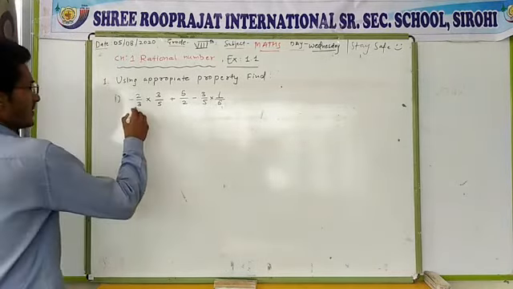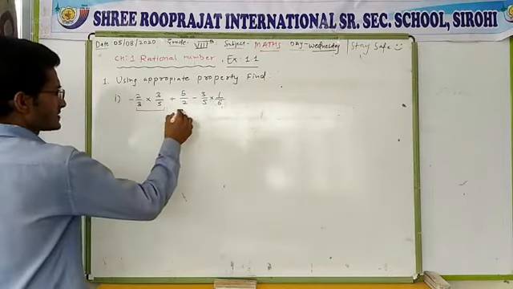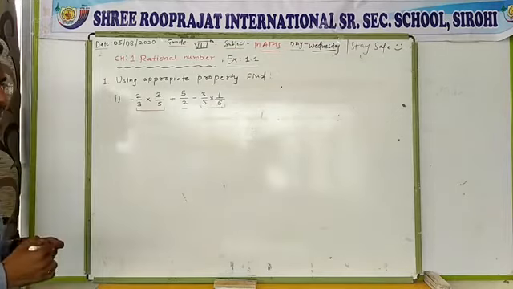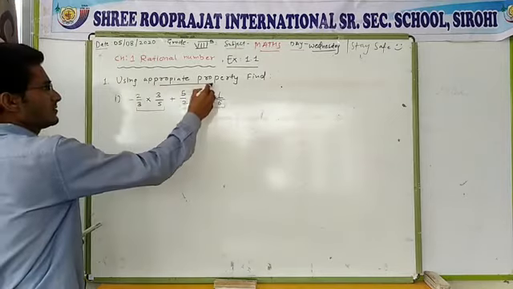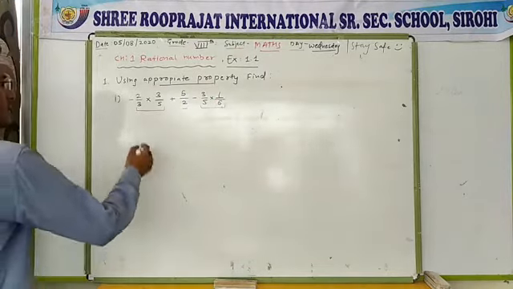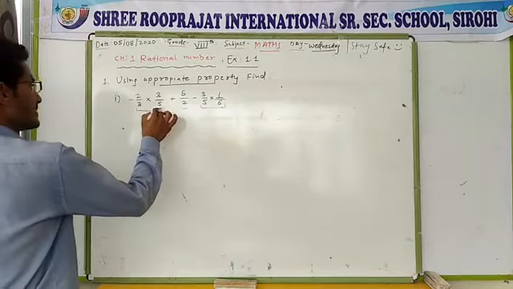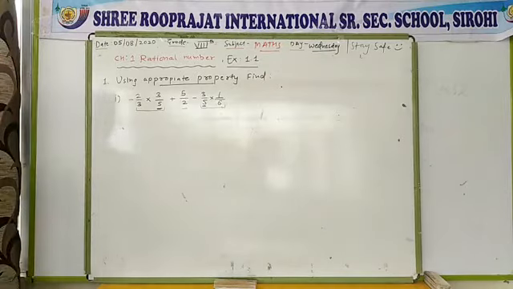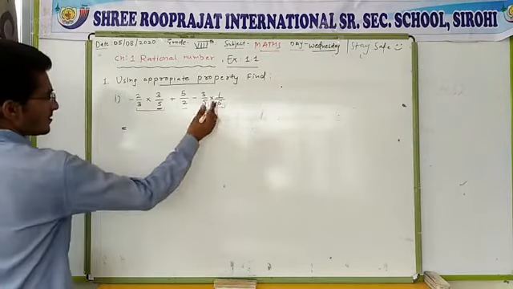So ultimately there are three parts, divided by either subtraction or addition. This is the first one, second one, and third one. Now using an appropriate property you have to solve it. If you see properly, you will find that 3 by 5 and 3 by 5 is a common number. So first of all we have to arrange in a proper order.